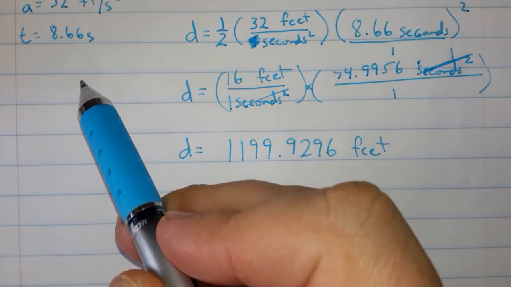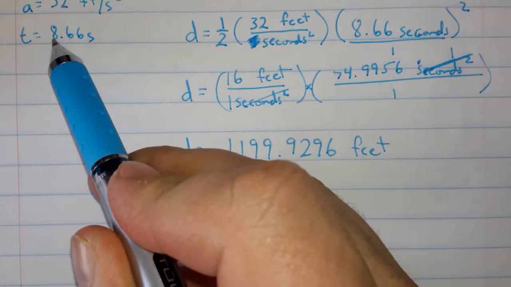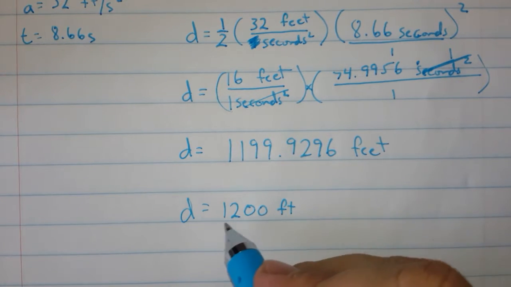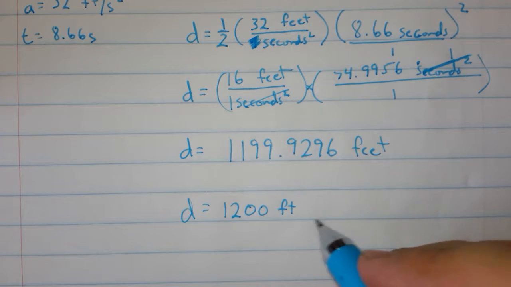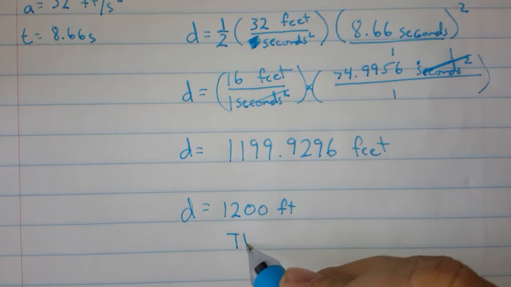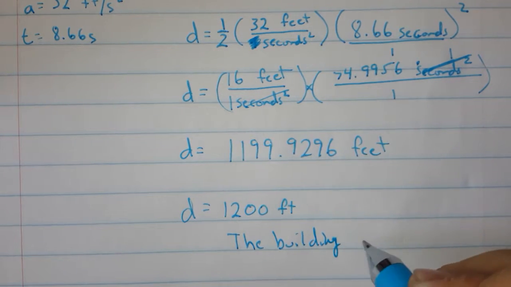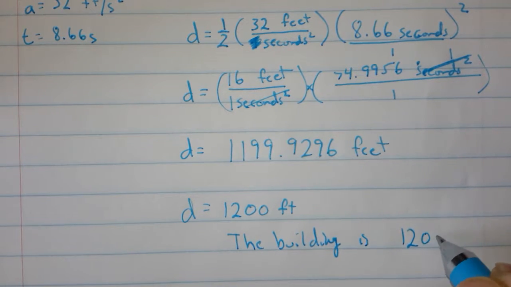When I was making the problem up, I had to come up with a time that was pretty close to something we could work with easily. So the building is 1,200 feet tall.